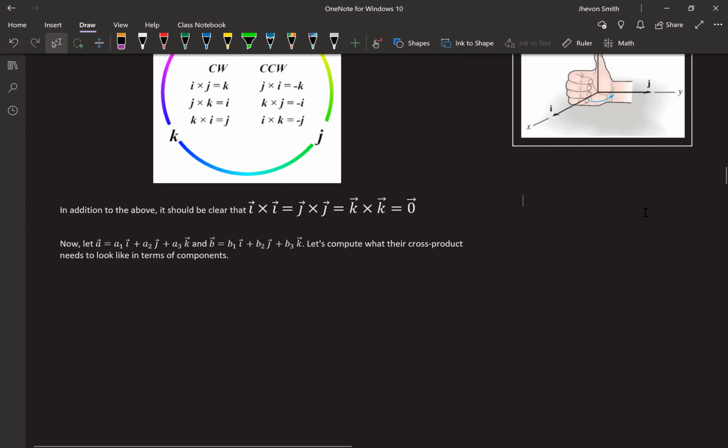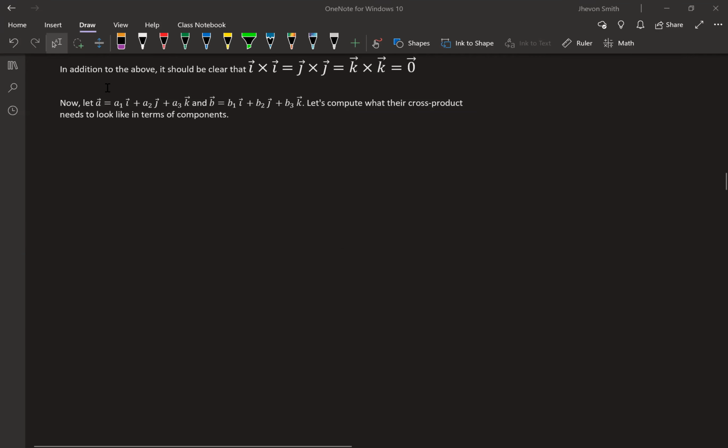So now I'm going to derive for you how you would find the components of a cross product. Suppose we have two vectors, a1, a2, a3, and b1, b2, b3. How do we find the cross product? Well, let's derive it from scratch, putting together all the concepts that we have seen thus far.